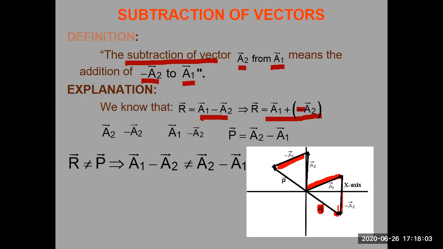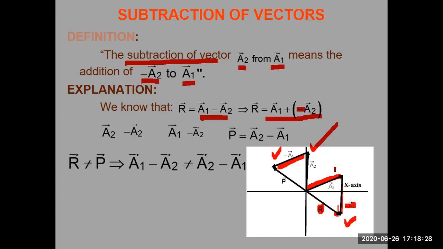You are following the same procedure, but you have changed the direction of a2. The direction of a2 was upward; you have reversed it, so it is downward, and at the end you follow the same steps which we followed for the addition of vectors.